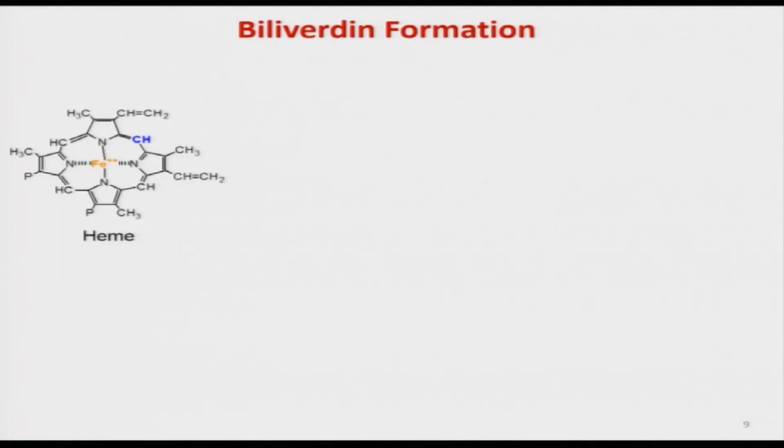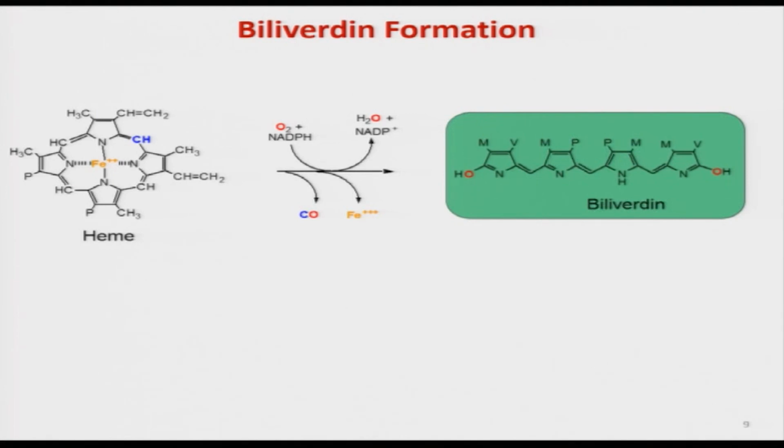As I have just discussed, heme is converted to biliverdin, which is not a macrocycle; it is an open chain structure, but highly conjugated, and this is formed out of dioxygen and NADPH, which eventually converts to NADP and produces water, liberates carbon monoxide, and of course, iron is getting recycled during this process.